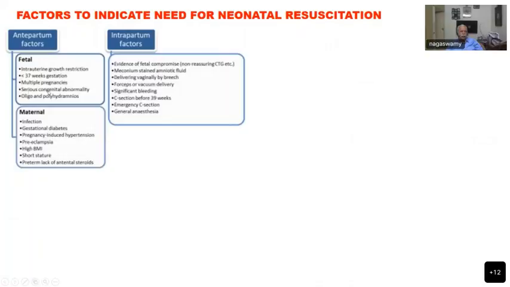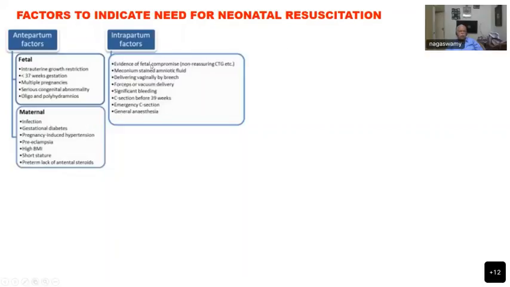These are the fetal causes where you anticipate that the baby may require resuscitation. Coming to the maternal causes: infection, gestational diabetes, pregnancy-induced hypertension, preeclampsia, obesity, short stature, preterm, lack of antenatal steroids. All these things may indicate a need for neonatal resuscitation.